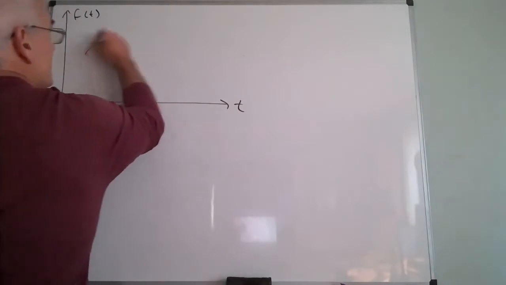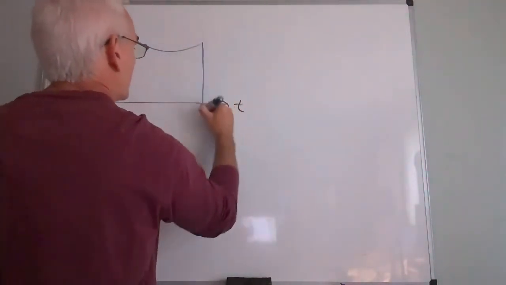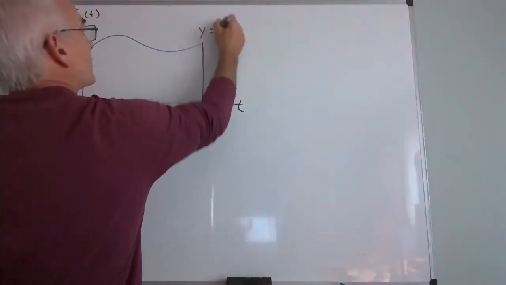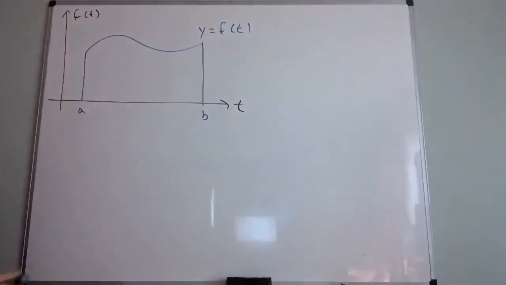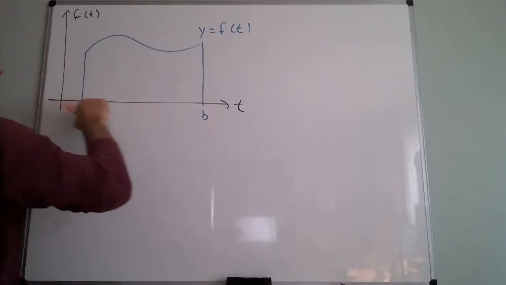So I have a picture. Looks familiar, I hope. And this would be y equals f of t. Now, let's suppose there's a place anywhere between A and B I want to stop.